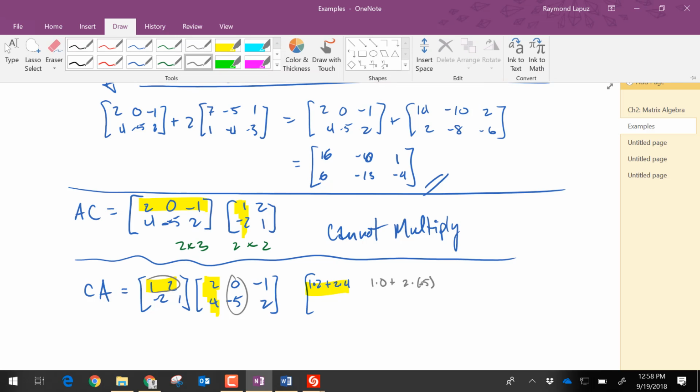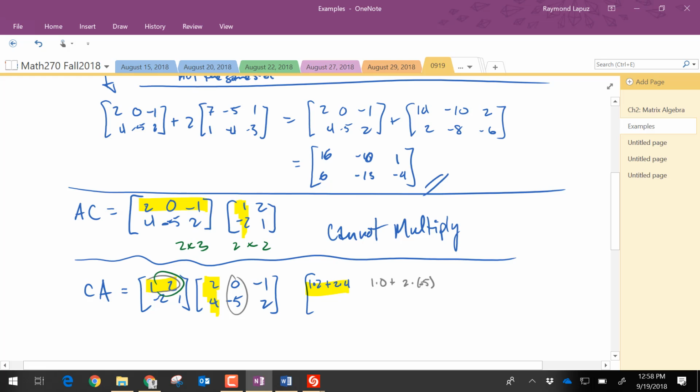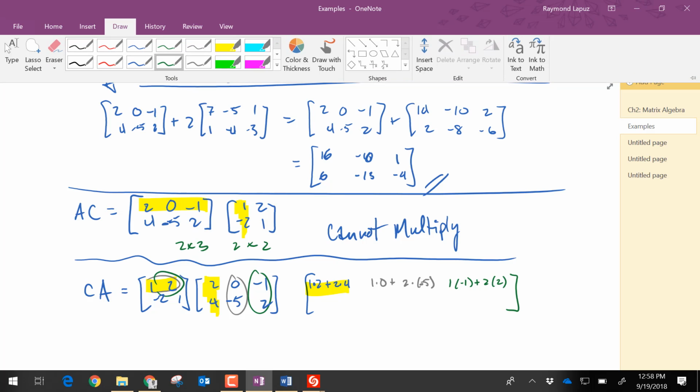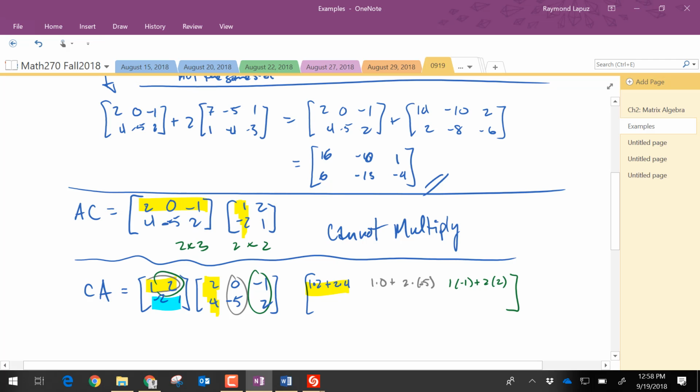And then you would take these two vectors, 1 times negative 1 plus 2 times 2. And then that would give you the first row of your matrix. And then you would do the same thing for the second row and each of these columns.